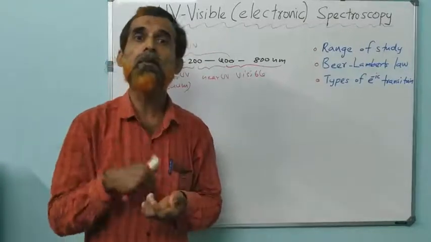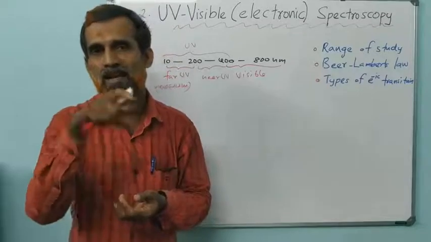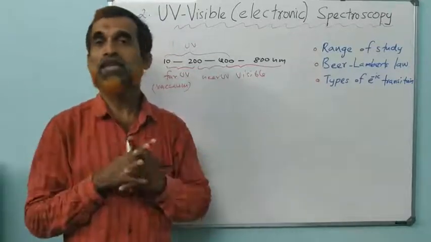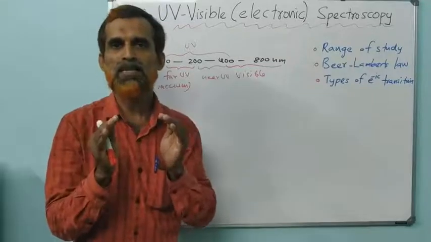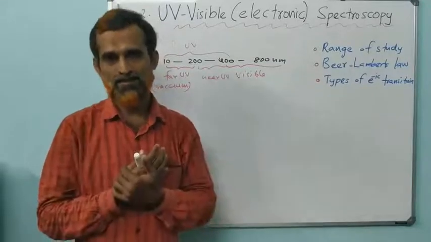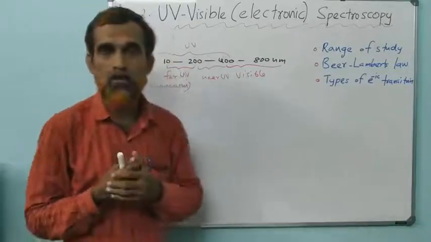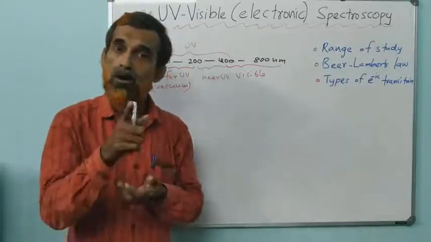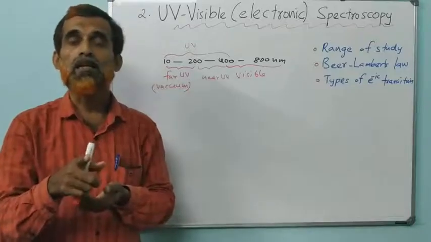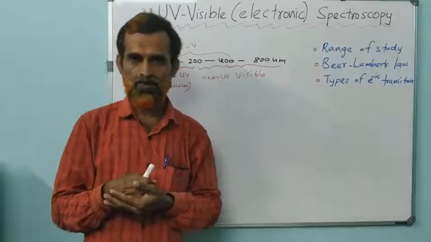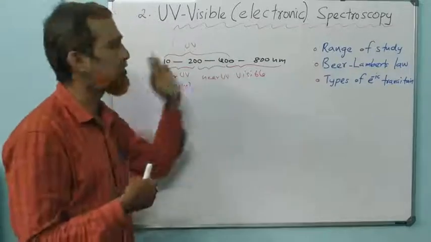So, if you have a molecule which is taken for this study and it is having an absorption below 200, then you need to evacuate the instrument. The UV visible spectrometer is to be evacuated to take the UV visible spectrum, electronic spectrum of your molecule, because otherwise the air molecules will interfere, right? Because they also absorb below 200.